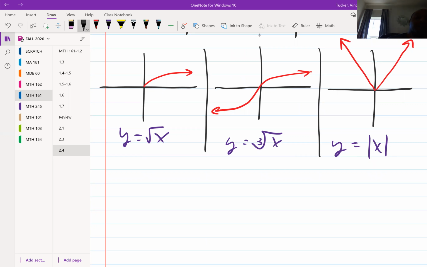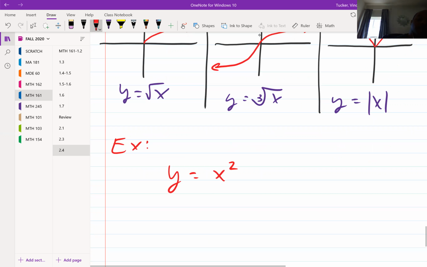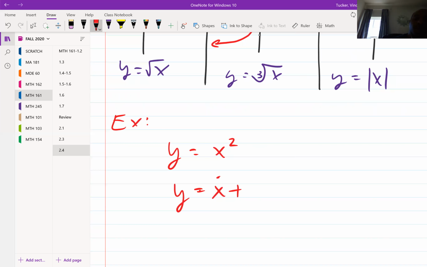So basically, what I mean is that you have y equal to x squared as your parent function, but then you will get y equal to (x plus 1) squared, or y equal to x squared plus 1.